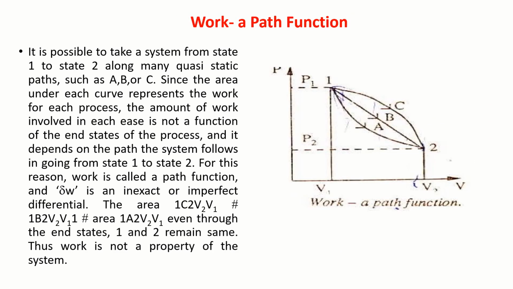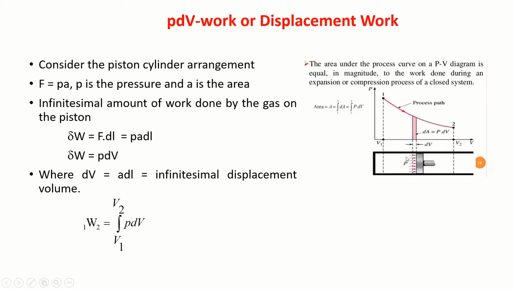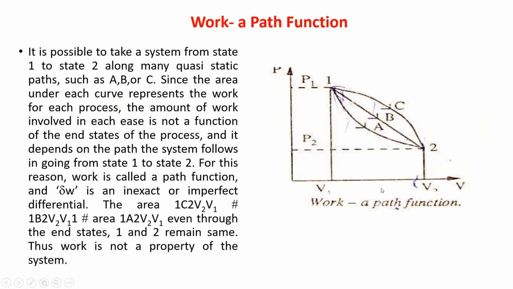Work is a path function. What do we mean by that? Look here, initially, assume that this piston edge was here. So I know P, I know V1. So let me call this pressure P1 and volume V1. So I mark P1, I mark V1.